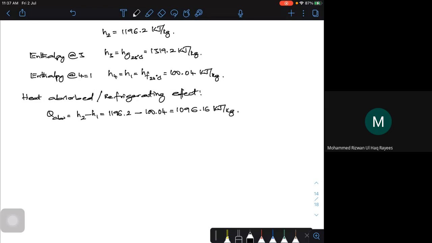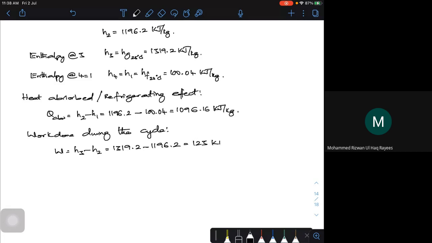Work done during the cycle, W is equal to H3 minus H2, which is 1319.2 minus 1196.2. I am getting around 123 kilojoules per kg.